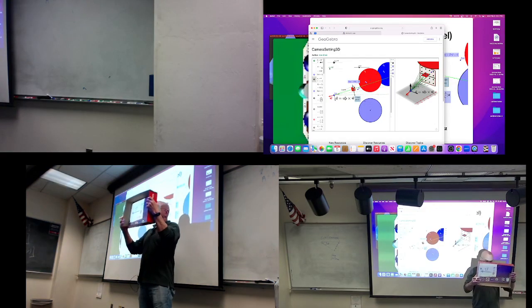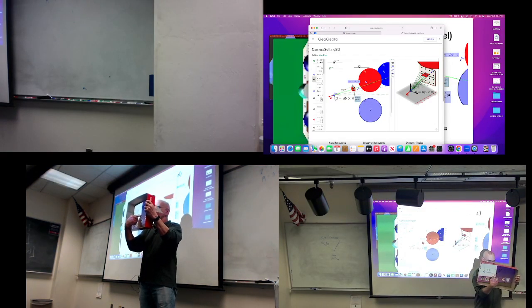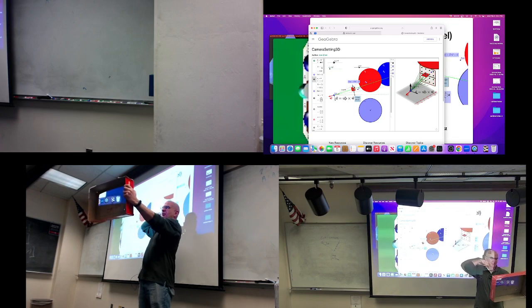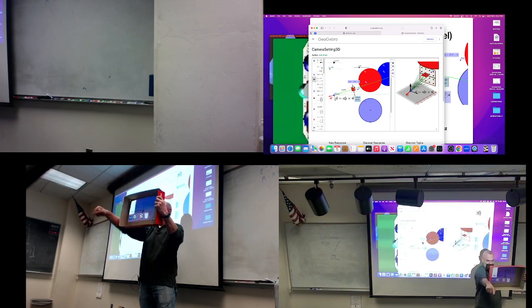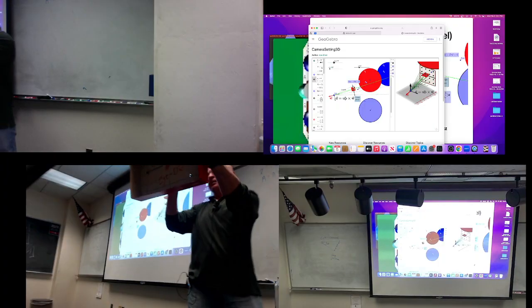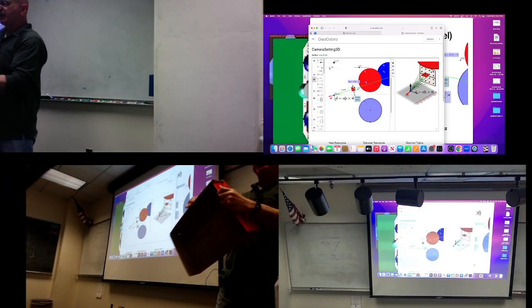This point, the red point here, is the eye: go to the eye, then minus D, the distance that we yet have to compute, depending on the angle, in the direction of W. W points to me, minus W goes toward you, from the eye to the center of the image plane.